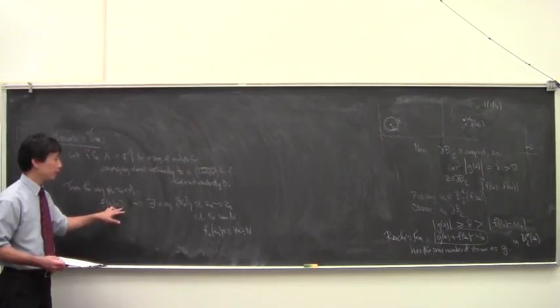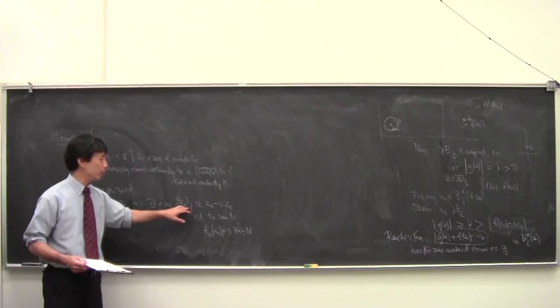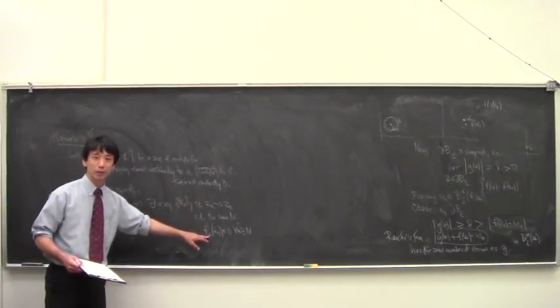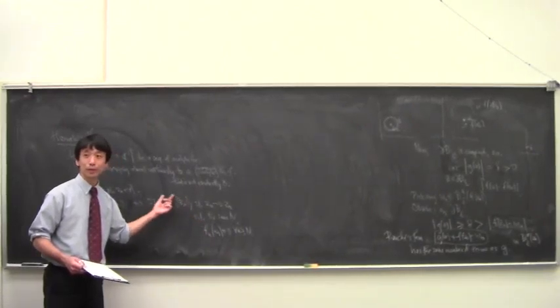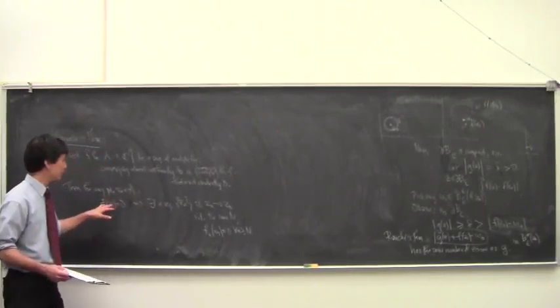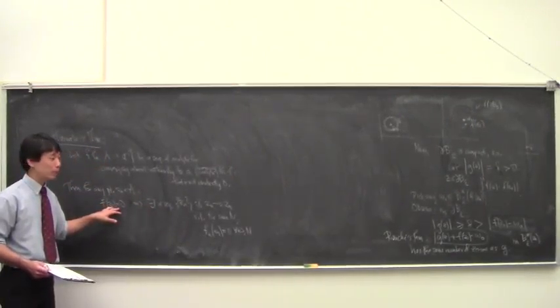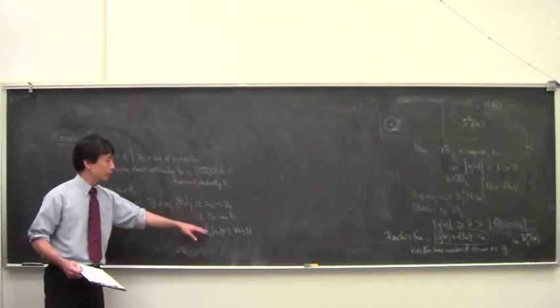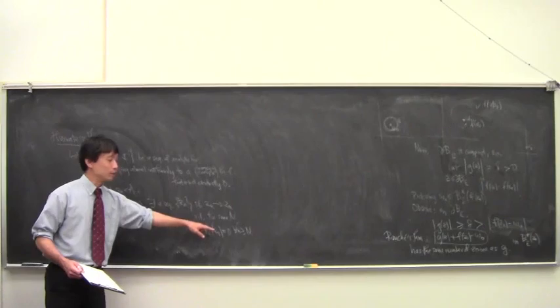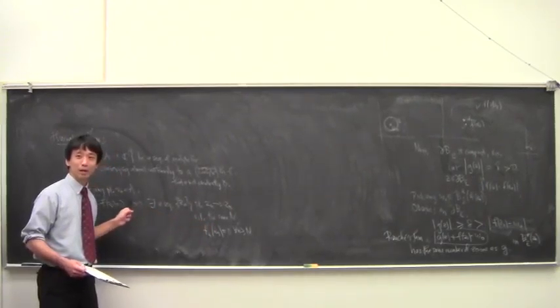Whenever you have a 0, there's a sequence of points z sub n for which f sub n z sub n is 0, and those z sub n's converge to your z naught. So whenever you have a 0, it's because there are zeros of your sequence, and those zeros creep up on this 0.